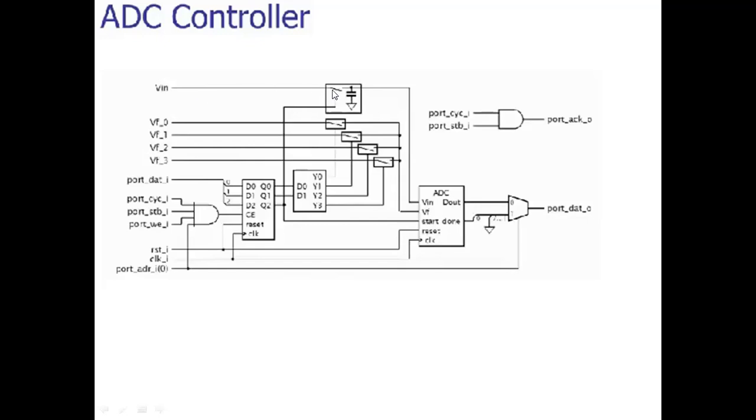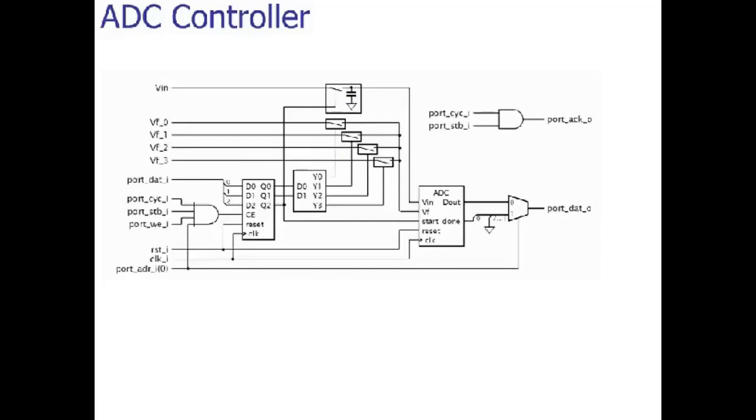But suppose the ADC is already busy converting other data, so the next data may be sampled and already held in the sample and hold circuit here. The sample and hold circuit will charge a capacitor here and hold the value of V in for some amount of time.